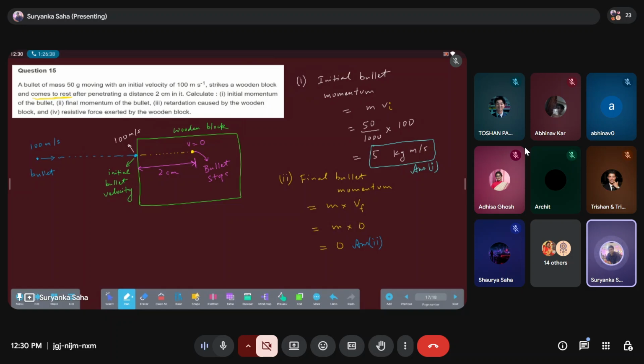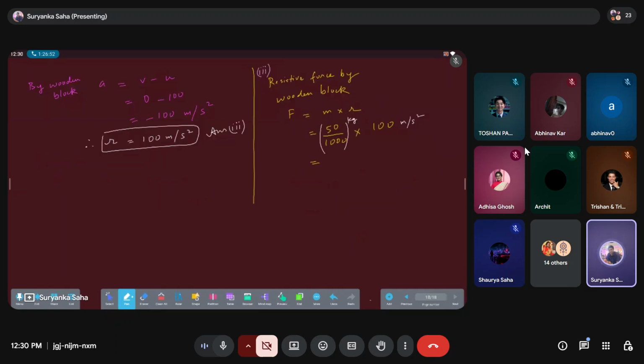Retardation caused by the wooden block, so it stops to rest. 100 meter per second. What answer is given in the book for subpart 3? Subpart 3, 2.5 into 10 to the power 5 meter per second square. Just a minute, let me check over here.